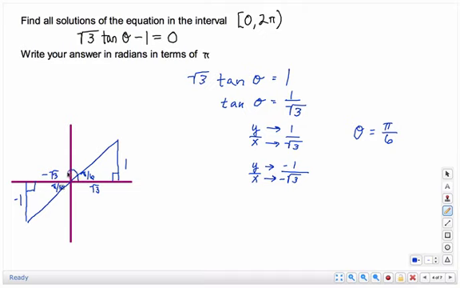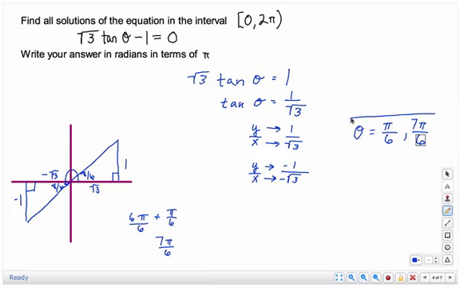Now, how do I find this angle here? If I take pi and I add pi over 6 to it, that gives me that entire angle to this terminal side here. So this is going to give me pi plus pi over 6. If I multiply pi by 6 over 6, that gives me 6 pi over 6 plus pi over 6. I have like terms, I can add them together, and that gives me 7 pi over 6.